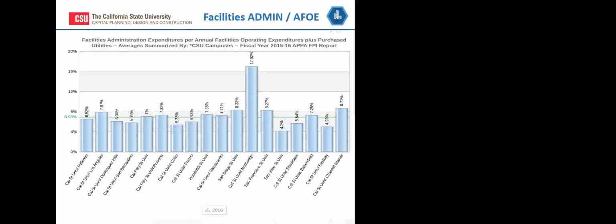When we look at the AFOE, again, that's the total allocation to a facilities department for baseline operations, not including the one-time funding for things like deferred maintenance. So that's your AFOE. And what we're looking at in this number is the percentage of the overall AFOE dedicated towards the administration of the facilities.